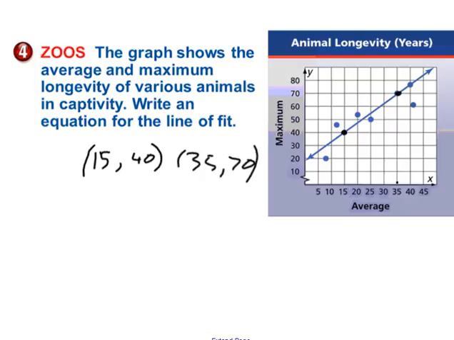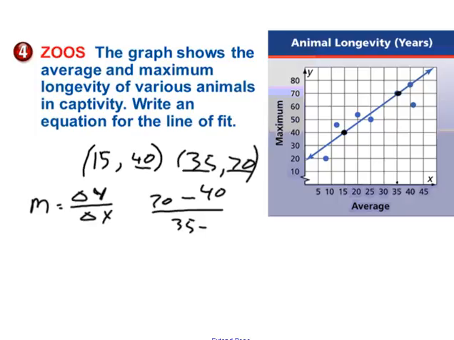So I'm going to find my slope by saying it's the change in the y value over the change in the x value. So it's 70 minus 40 is my change in y, and of course it's 35 minus 15. 70 minus 40 is 30. 35 minus 15 is 20. That's 3 halves is equal to my slope.